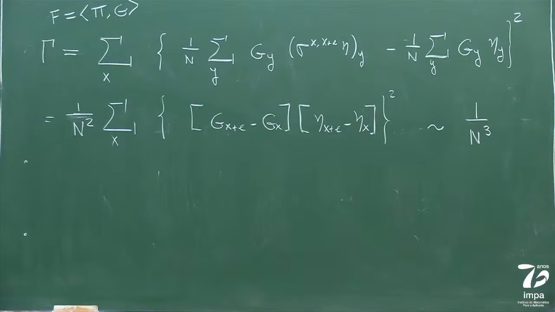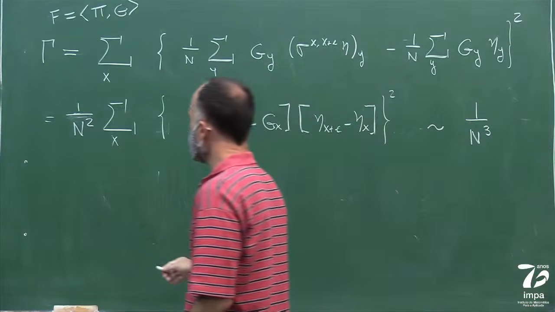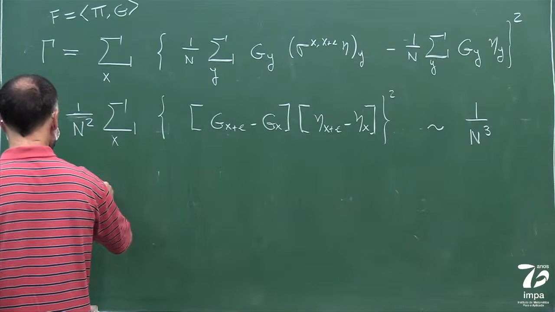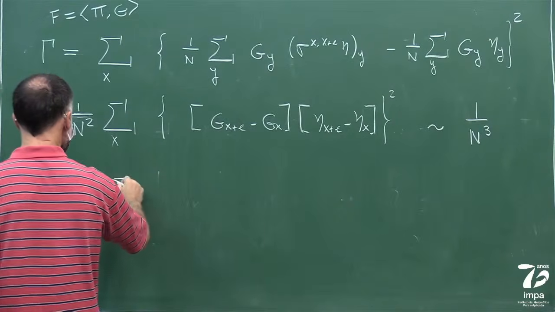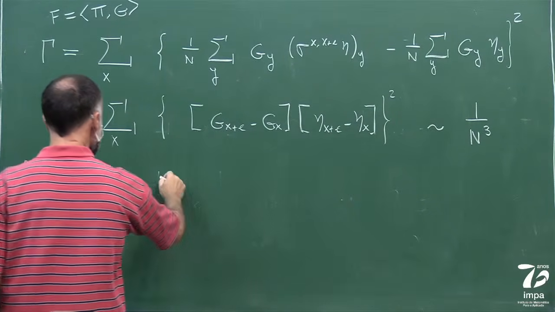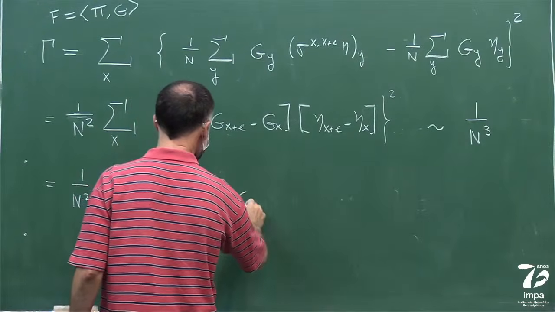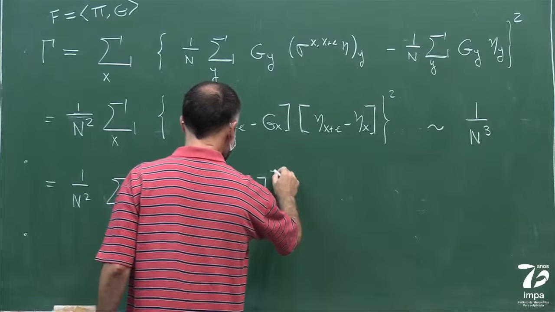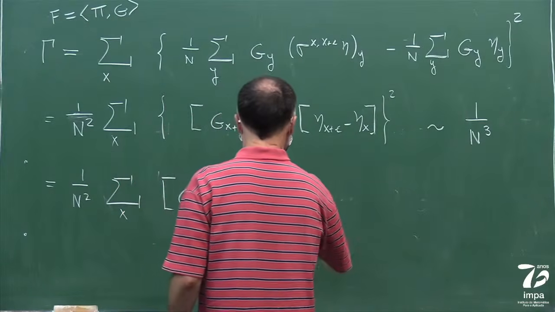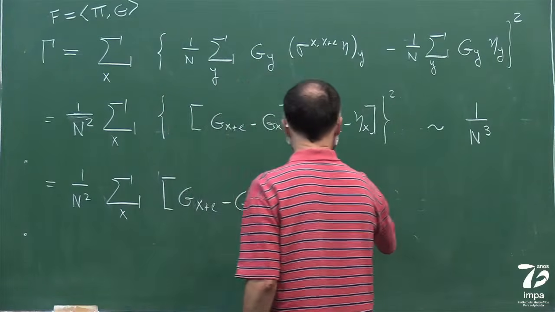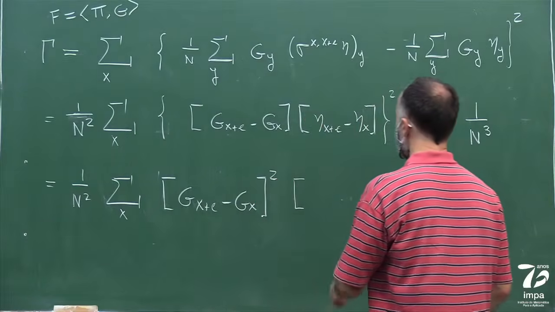While this term here is of the order 1 over n square. Okay. And so let me write this as 1 over n square, the sum of g x plus e minus g x, square, times, so this is a function.